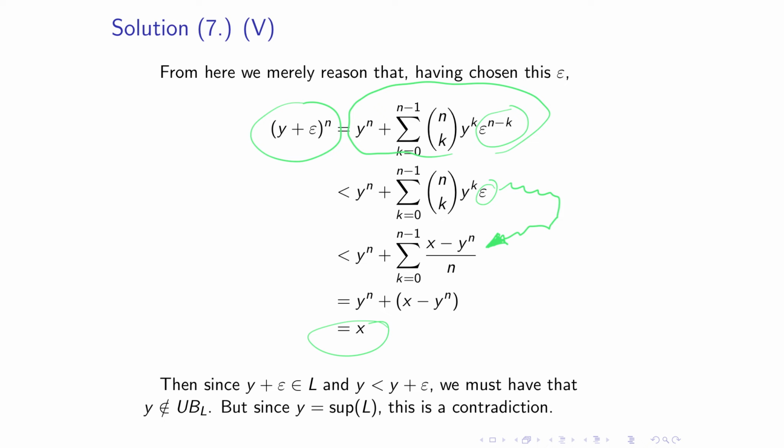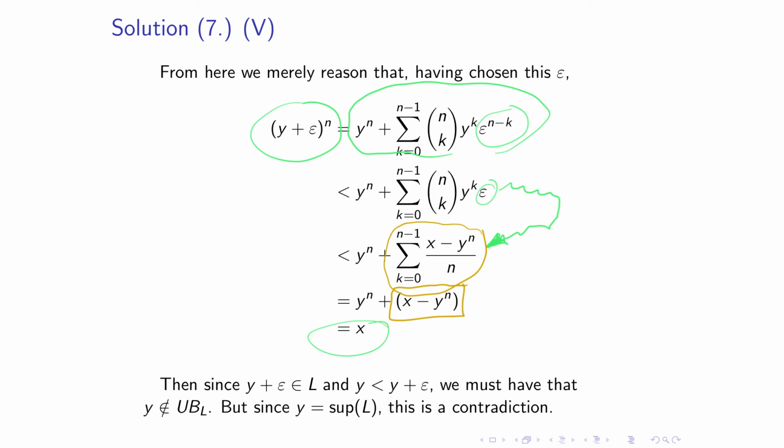Here, since we are summing n terms where the index k does not occur, so that it is effectively constant with respect to the index k, we simply multiply by n. And so after multiplying by n, the n's cancel, and it reduces to just x minus y to the n.